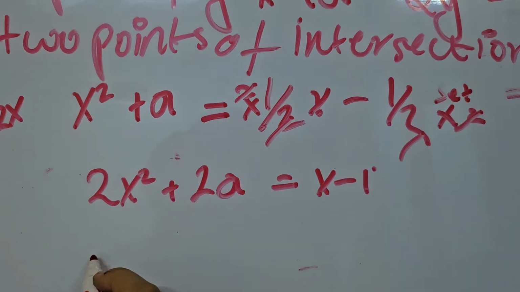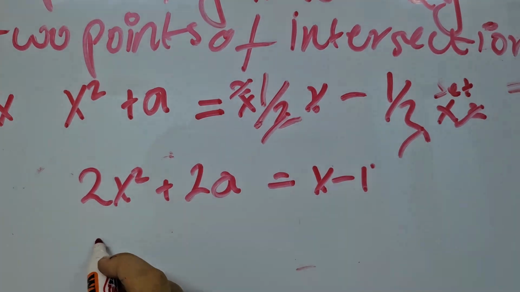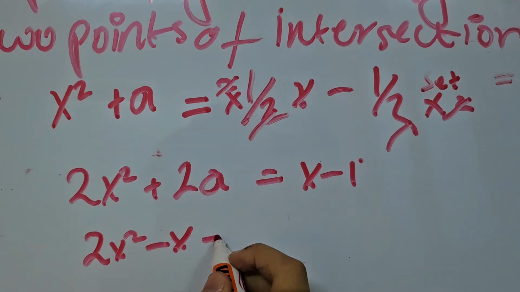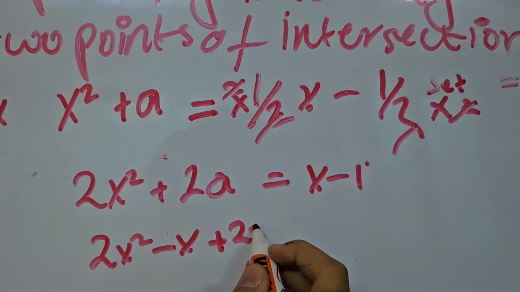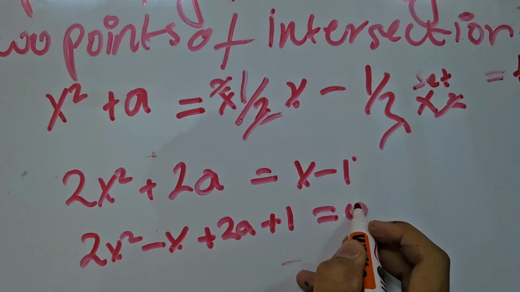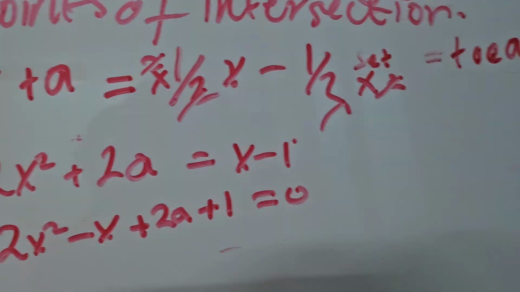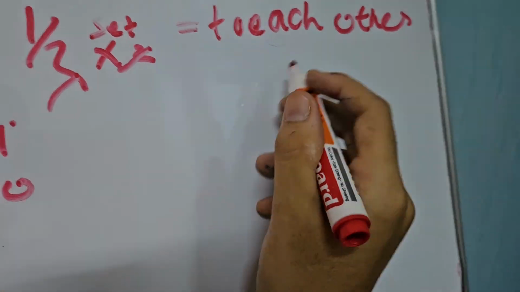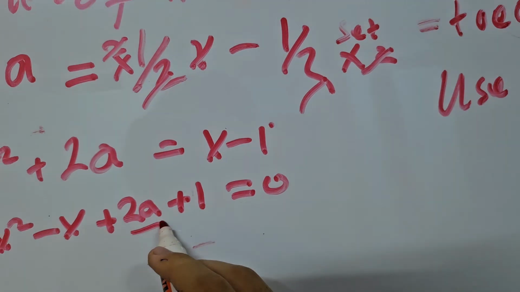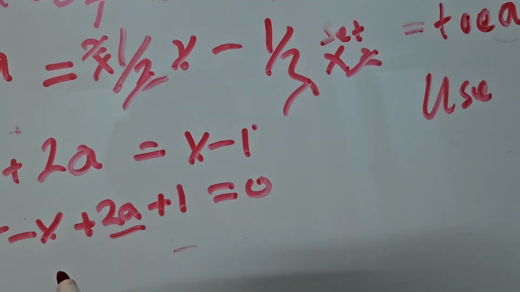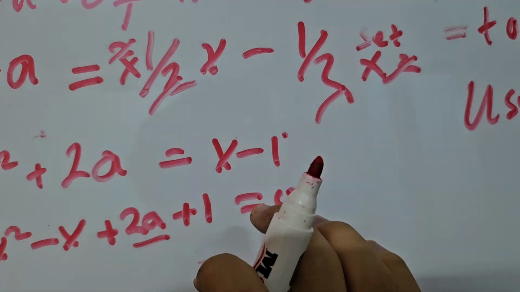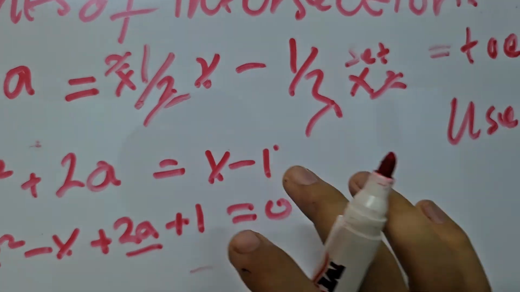So that means 2x squared minus x plus 2a, and take the one to the other side, that is going to give us plus 1. Now the key point here is to use the discriminant whenever they give you something like a or k, a constant in a quadratic, and they have given the points of intersection.